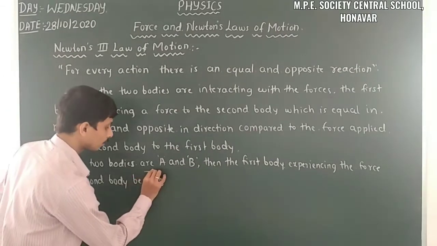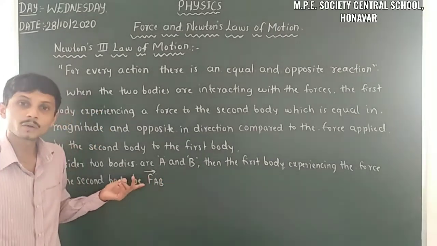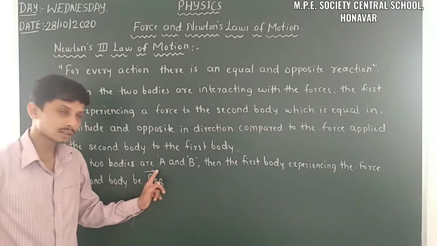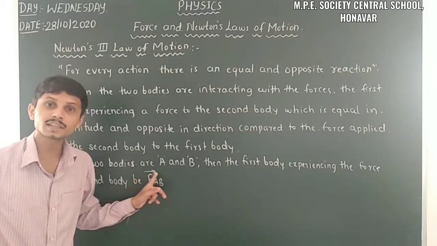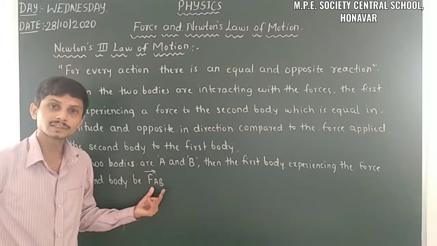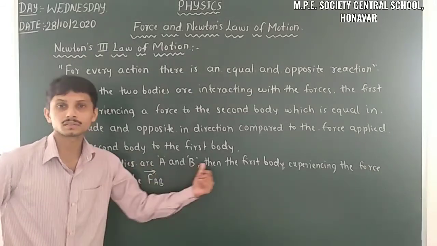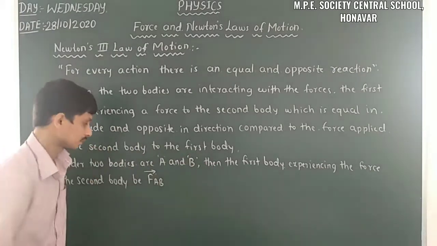I will take an arrow mark here, that is a vector symbol, because force is a vector quantity. So that's why this vector symbol or arrow mark shows that FAB is direction oriented, or it is applied in some direction.